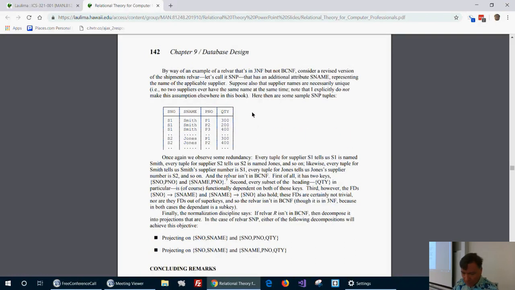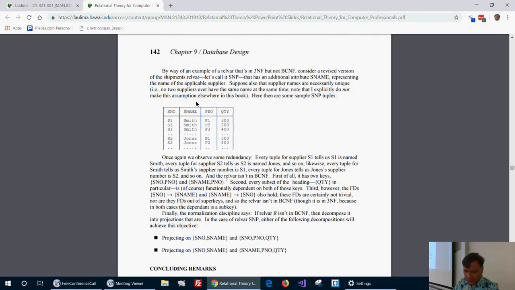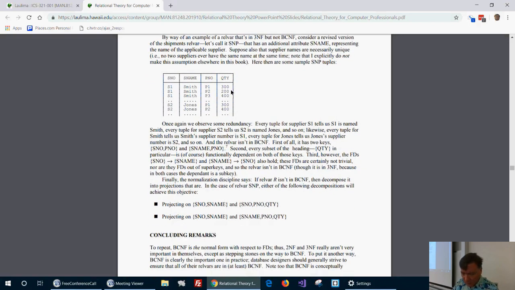Let's see, what was this? This is not in BCNF. Okay, let's say you have a table just like this. It's not in BCNF. Okay, this one and this one are the key, right? I mean, this is just your regular old SP table, but it's got the S name in there along with it.